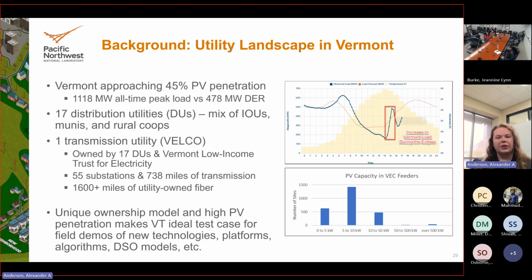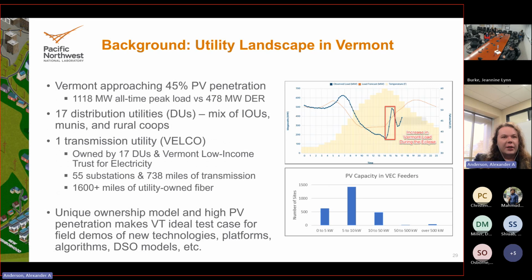There's one transmission utility, which has a very interesting ownership structure where the transmission operator, the TOP, TSO, is owned by the distribution providers. And so that gives us a very interesting ownership landscape to be able to start deploying and showing some of these data integration concepts.